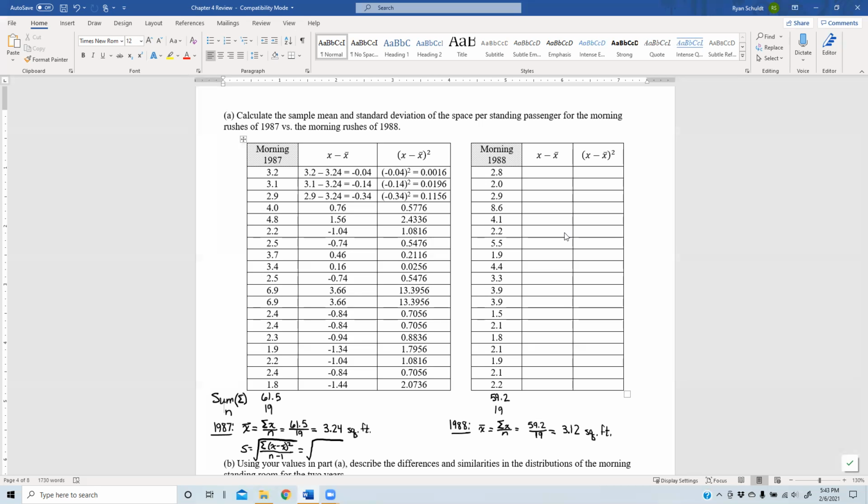If I add everything up, I will end up getting 40.3044. Okay, so plug that in. That's going to be here, 40.3044. We already said n is 19, so 19 minus 1.